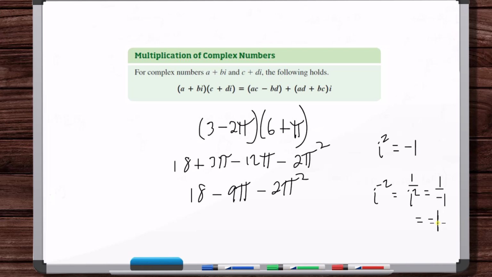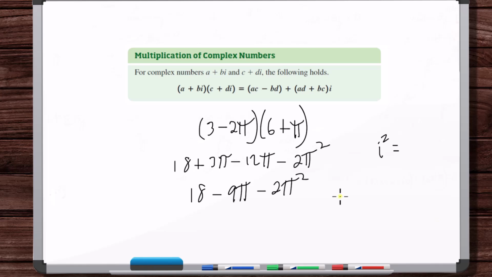So anytime you have an integer power of i, that's all we really focused on in trigonometry, other than 1, you can always simplify it because i squared is equal to negative 1. So you should never have a final simplified expression involving i with an integer power other than 1, because you can always simplify that.